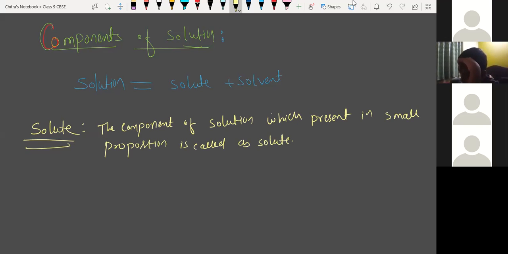Like we have taken salt solution in water. Here the salt is present in small quantity or small proportion. That's why salt is the solute.